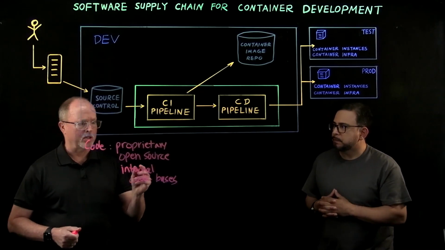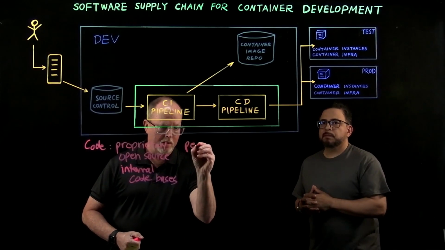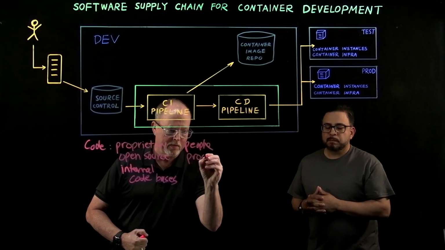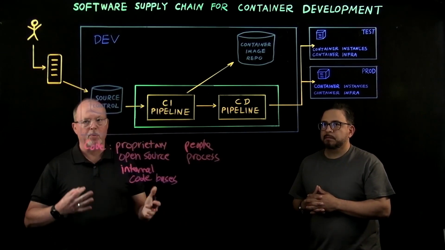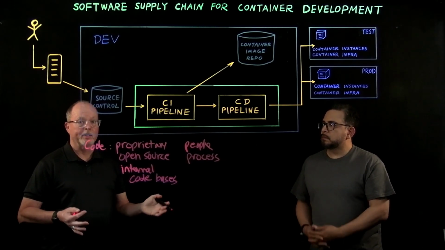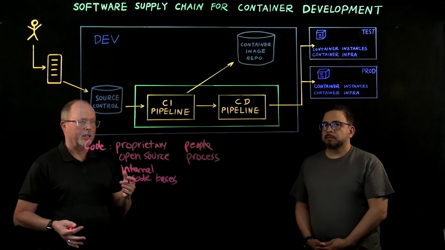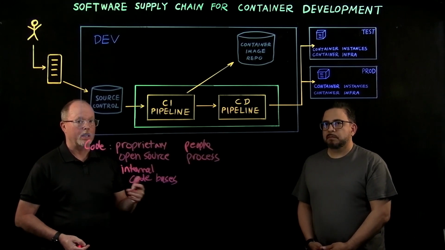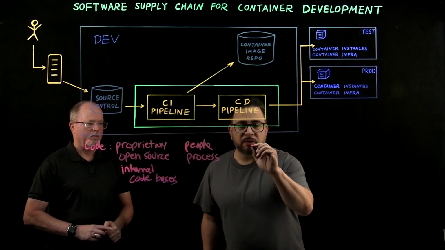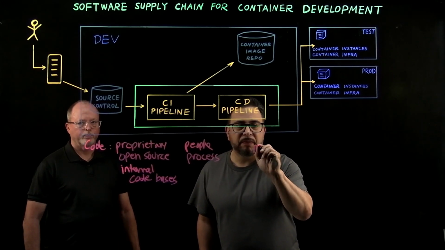Well, I've already touched on this a little bit, but people and processes. People can impact the chain with intentional or unintentional vulnerability injection. An activity like a phishing attempt can be used to execute malicious code. And I know customers also face the risk of misconfiguration.